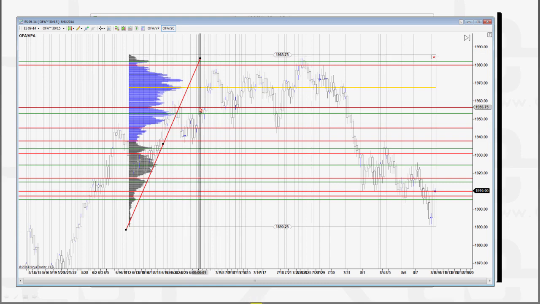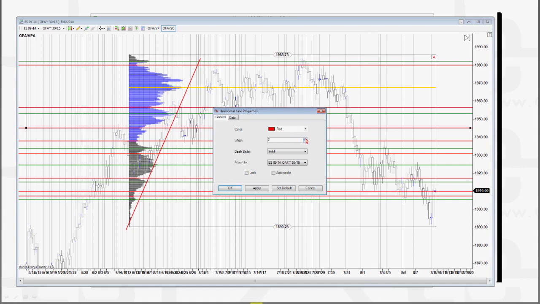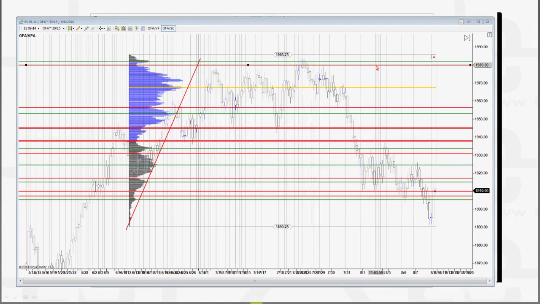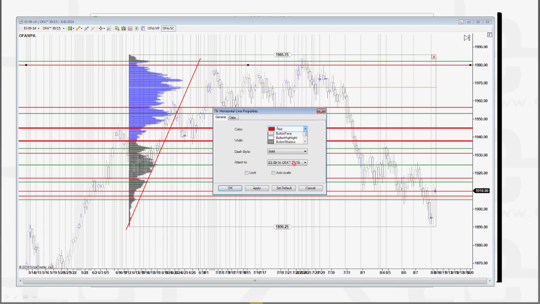So what we talked about was there is a natural swing between this level. I'm going to make this a little bit bigger so it stands out. And what you're looking for in any market is these natural swing areas.